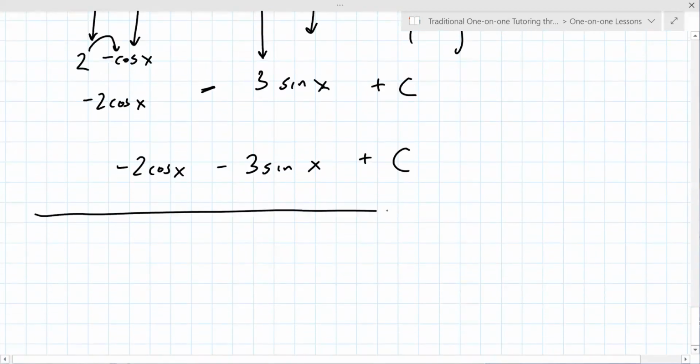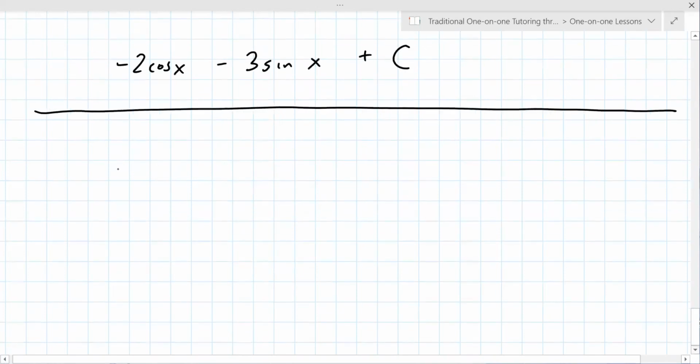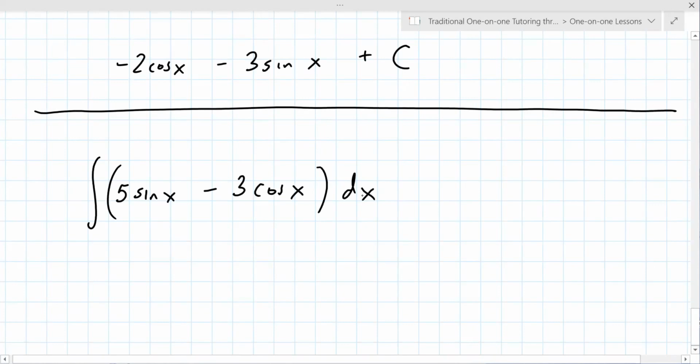All right, let's try another one. What is the integral of 5 sine x minus 3 cosine x dx? Can it be -5 cos x plus 3 sine x? Negative 5 cosine x, and it's actually minus, because this becomes sine x plus c.